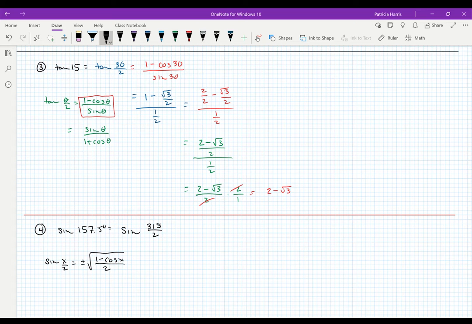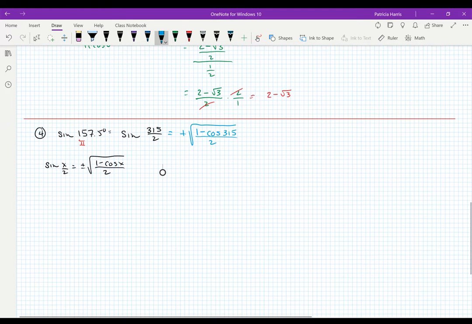So sine 157 degrees is in quadrant 2. Okay, so what sign is your sine ratio in quadrant 2? That would be positive. So when we work out our answer, it's going to be a positive square root. So it's going to be 1 minus cosine 315 all over 2.